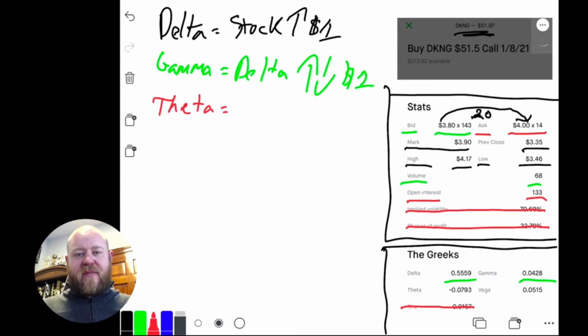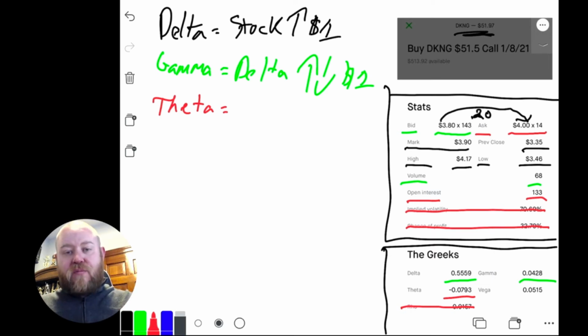Next we're going to talk about theta. I talked a little bit about theta decay. Theta is the price you pay to play. Every single day after you've bought this option, it is going to decay by 7.93 cents, or $7.93.